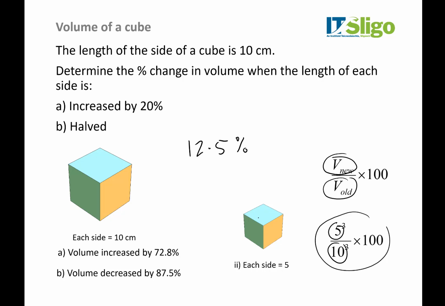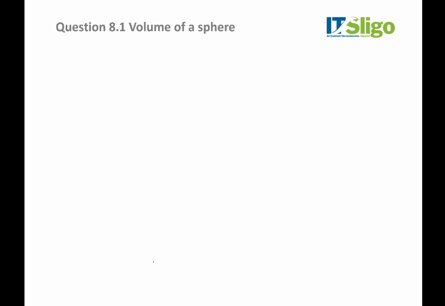So this cube is only 12.5% of that cube there, which was 100%. So the decrease is simply this minus that, which gives us a decrease of 87.5. Again, just be careful. I think I have a question like this on the next slide, so don't get caught out when you're entering your answers.